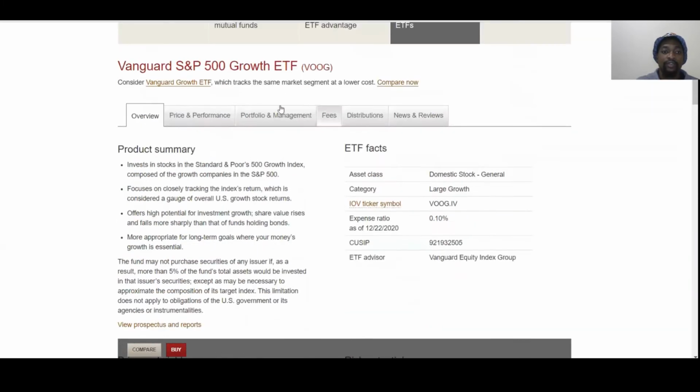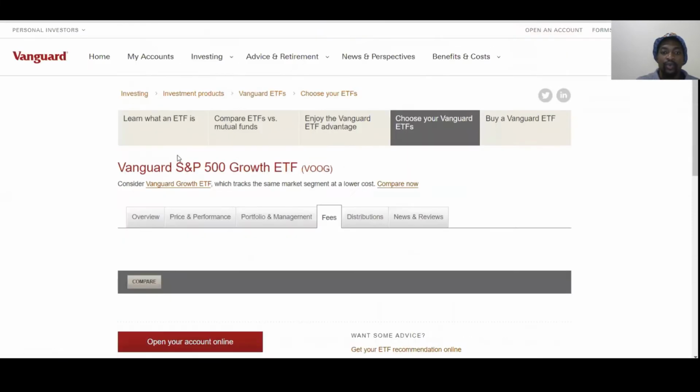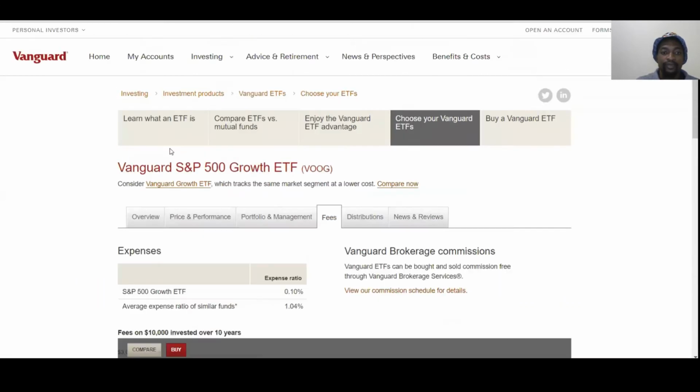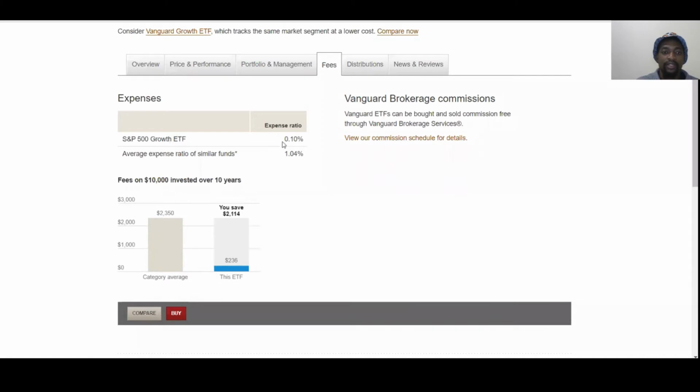And then in terms of fees, I think it has about a 0.1% fee. Yes, as you can see, the expense ratio is 0.1% compared to other similar funds. The other funds are somewhere around 1%, but I think the Spider ETF has an expense ratio of 0.13, which is not far from this value.